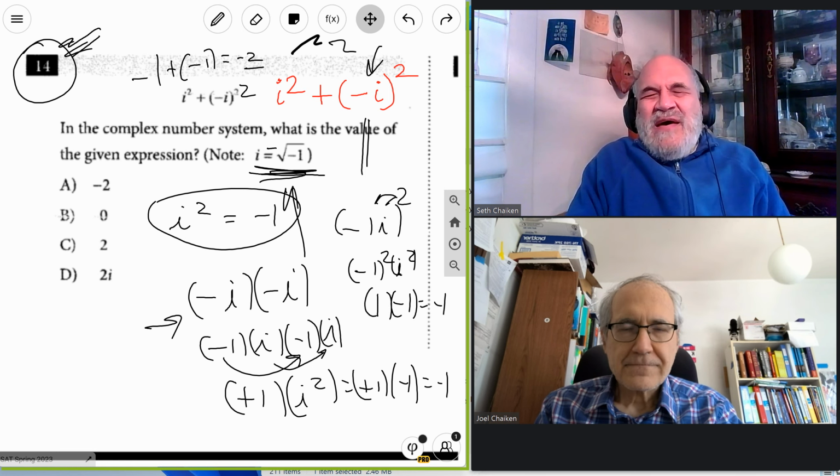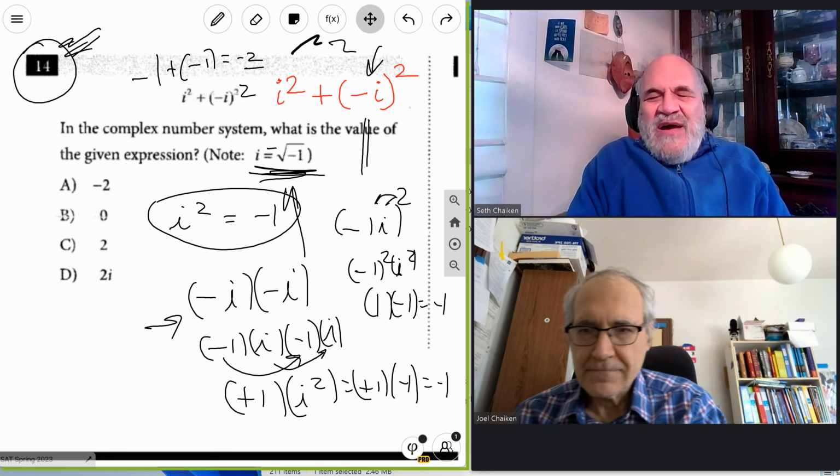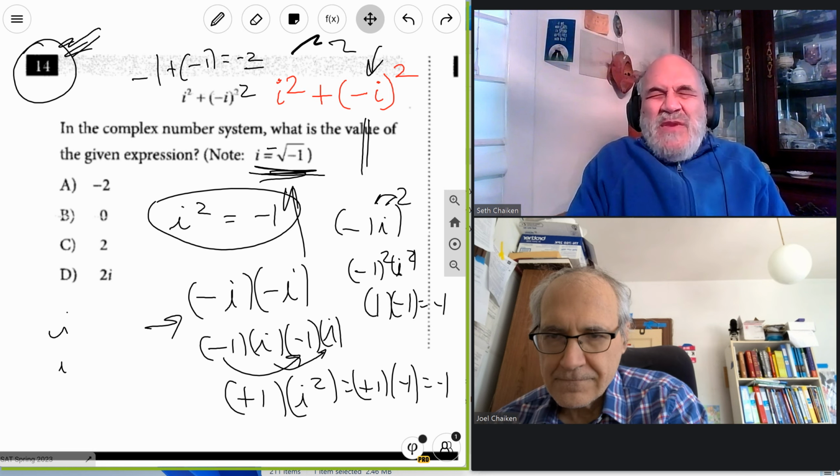Okay, so at the end, when all of the occurrences of i have the form of powers of i, like i squared, i cubed, even negative powers of i.